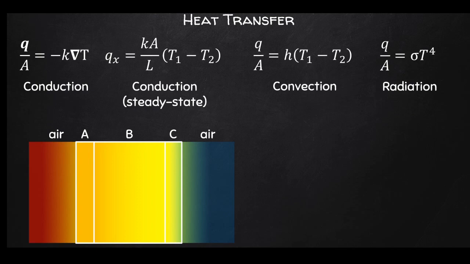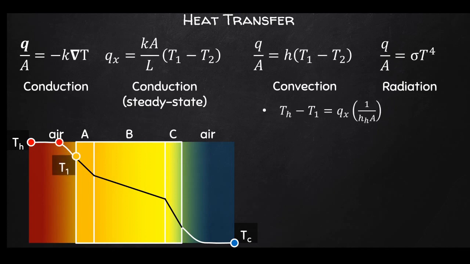Let's consider now the following system. In the first analysis, we focus our attention on the hot air. The heat that the air contains is transferred to species A via convection. What is then obtained is a new temperature against the surface of A and the air, T1.